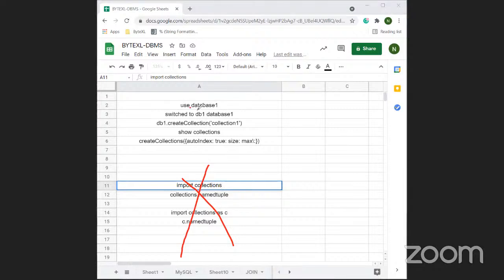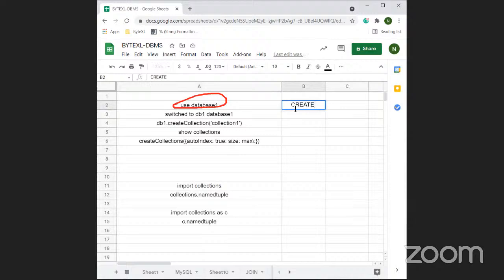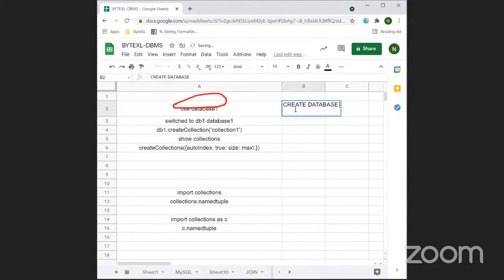So if this is a database already existing, we are telling the machine to use it. This is the basic syntax in MongoDB. Or if you want to create the database, automatically the same line will create a database. In MySQL, whatever we did, create database followed by the database name.